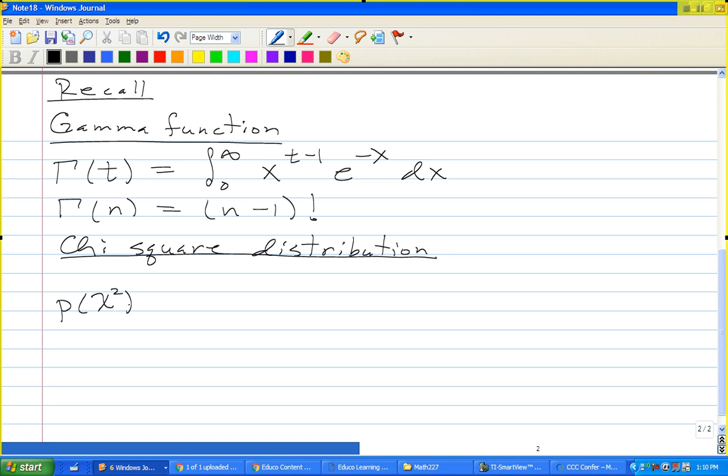So it's just equal to some constant, so that this will always come out to have an area of 1.